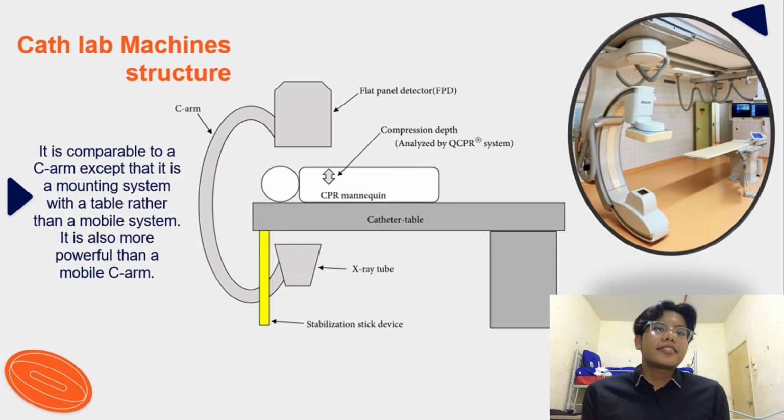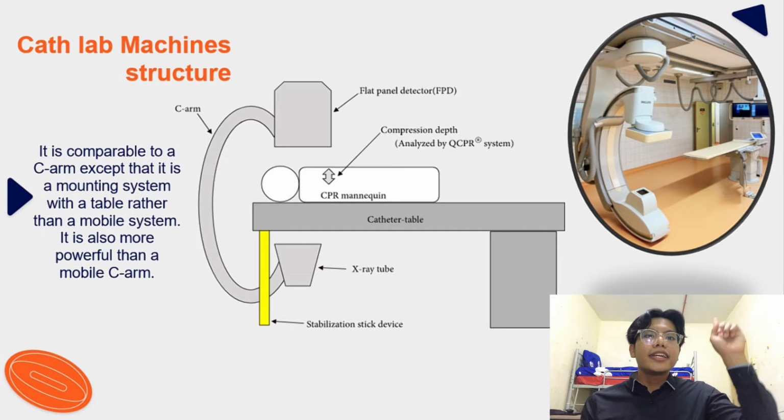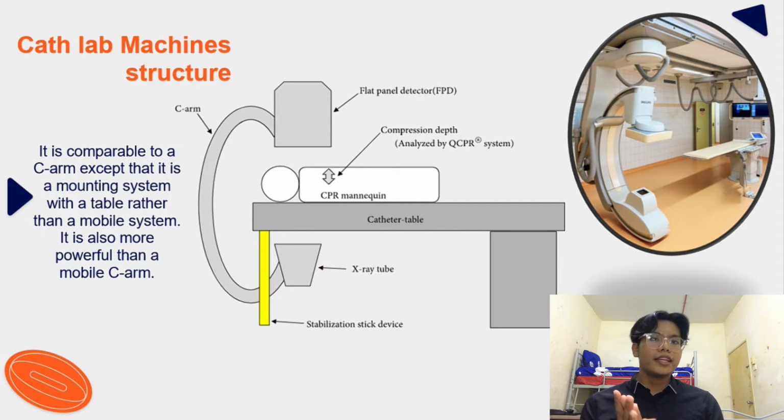So this is the structure of the cath lab, which has the same function as the C-arm, just with different features. It is comparable to the C-arm except for the mounting system, which is a table rather than a mobile system. It is also more powerful than a mobile C-arm.